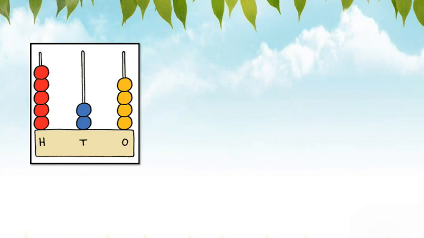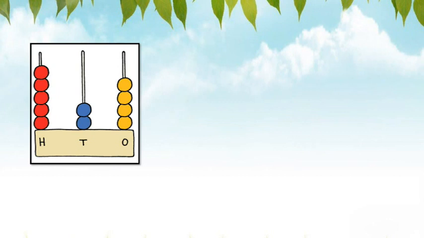Okay, now this is your turn. You have to tell me the answer with the help of this abacus. I will give you 5 seconds. Within 5 seconds you have to tell me the answer. Okay, shall I start?